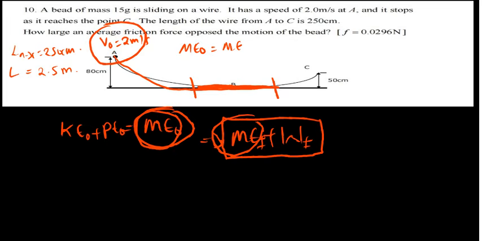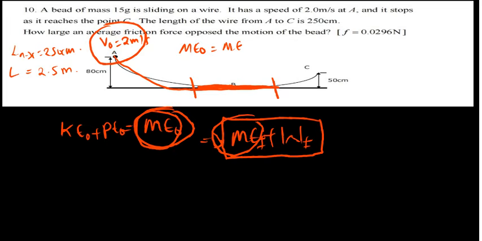So initially, when the object was on top there, it had no friction force. But when it starts moving, the friction is going to be there at B. So for us to find the friction force, we need to say the initial mechanical energy has to be equal to the final mechanical energy plus the work done by the friction force. It's more like we are balancing the equation.